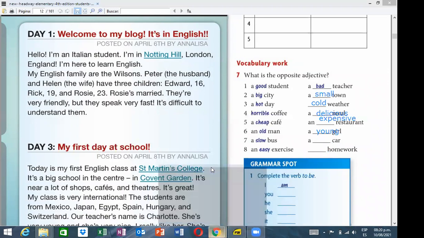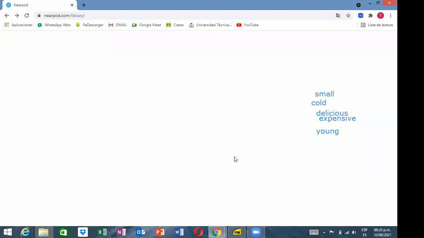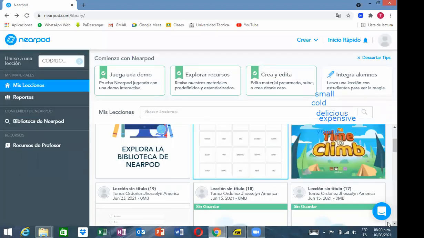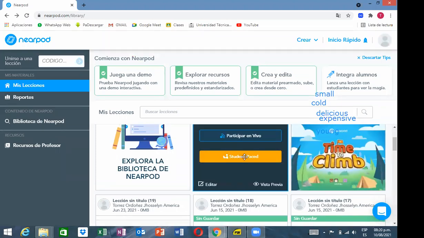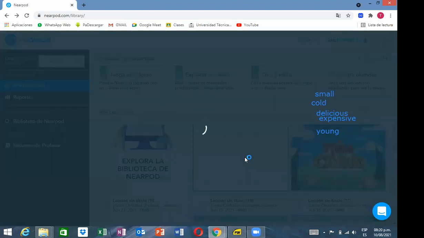Let me share with all of you. If you have this app on your mobile phones, okay, just check the password and you can start. And if you don't have, no problem because I'm going to send you the link and you can start, okay?